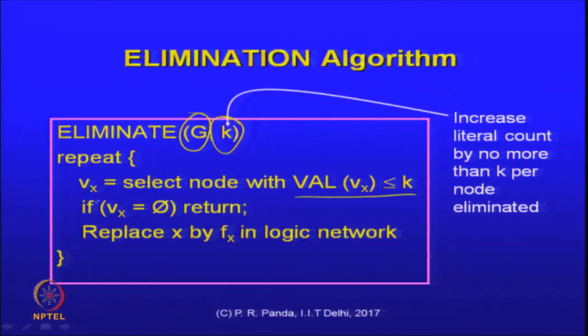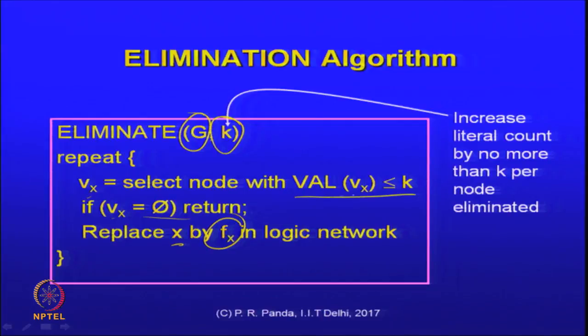Here this just refers to if it is a node V3 or something, then if there is nothing further to eliminate, then you return, but otherwise you replace that node x by the logic function that corresponds to that node everywhere in the logic network where x occurs. And the algorithm is simple. After that, you just repeat the process until there is nothing further to do.